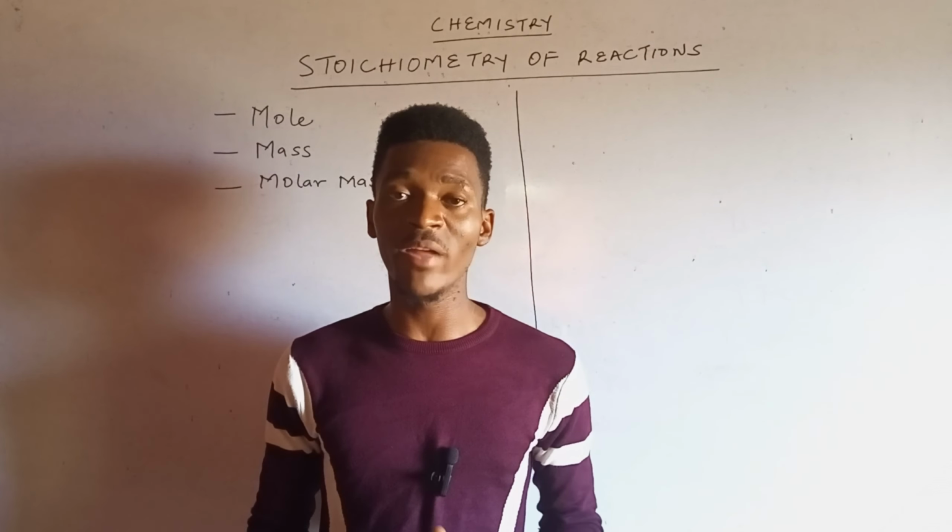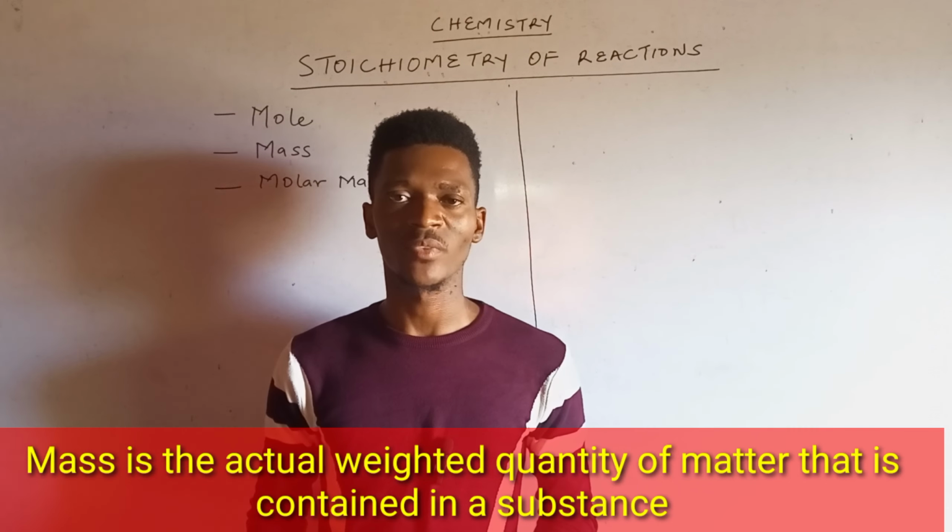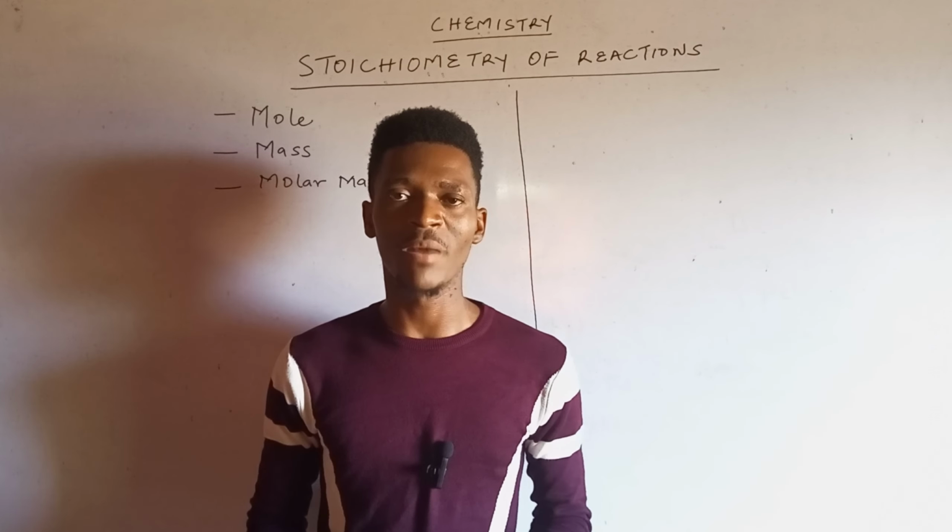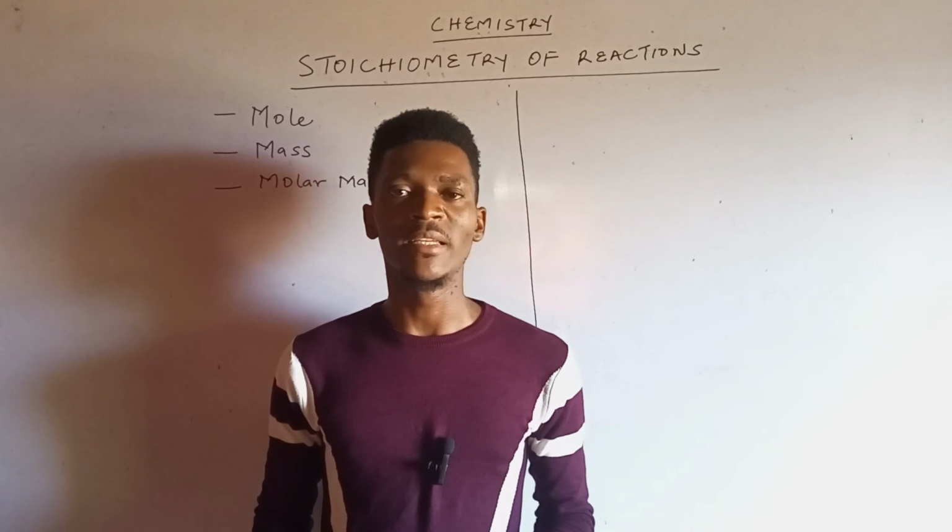Then for the definition of mass, mass is simply the actual weighted quantity of matter that is contained in a substance. Meaning that when we talk about mass, we are referring to the actual weighted quantity of matter that is present in that substance.